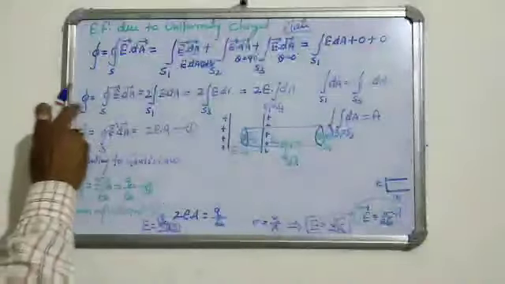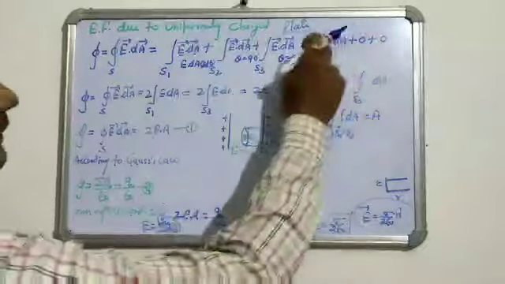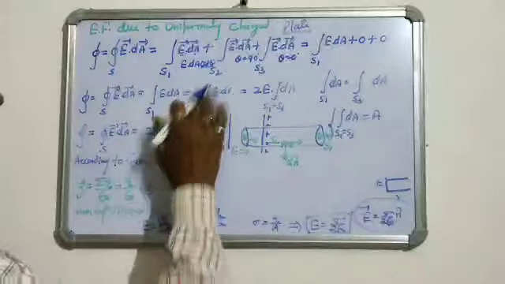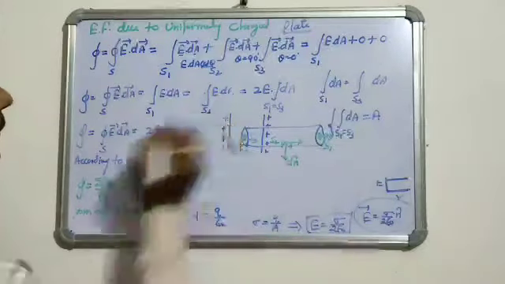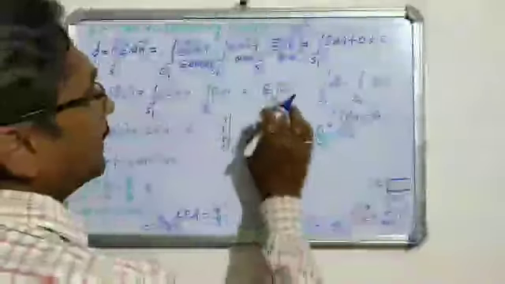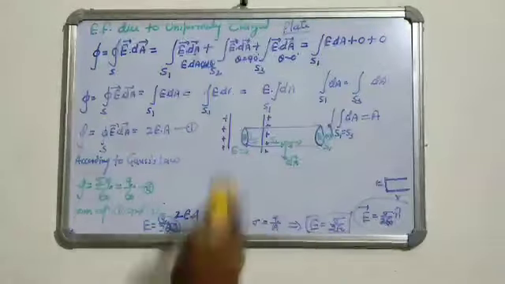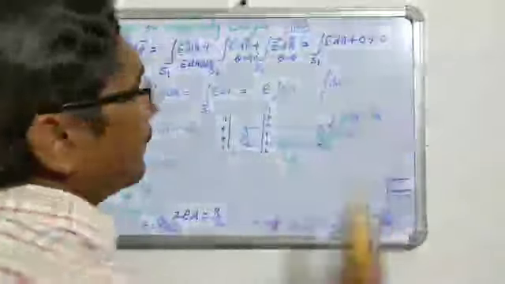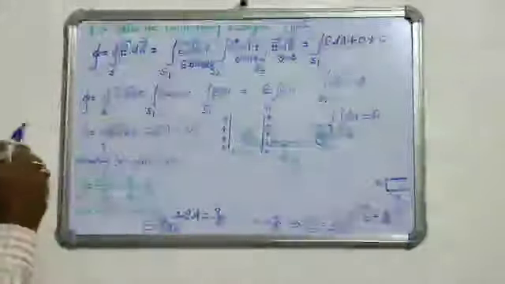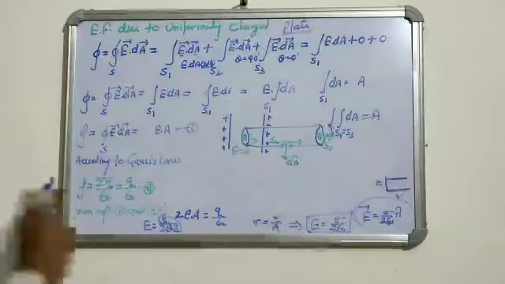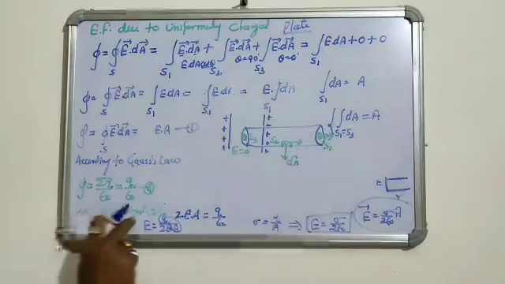Okay, and then E dot dA is only E dA, only for the S1 surface. So this equals A, and now the 2 is removed from here. According to Gauss's law, the expression is the same as equations 1 and 2.